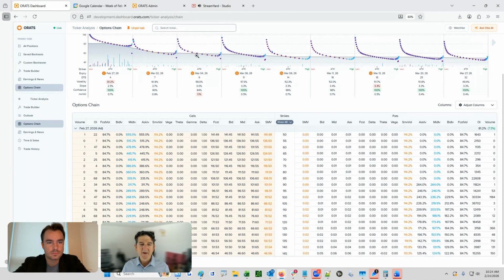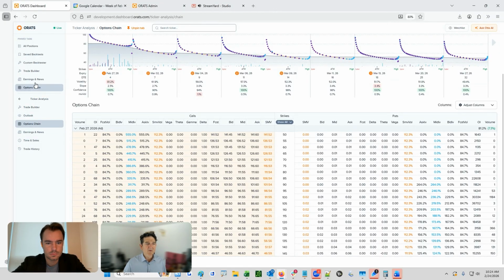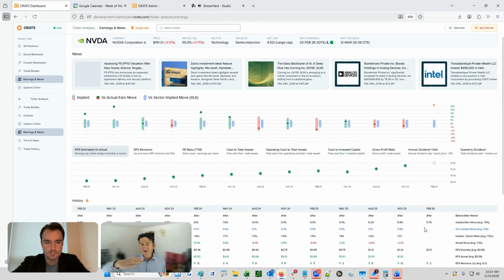So if I were going to sell something, it would probably be a farther out date, that are relatively high. And the reason I say that is because the way that we get what the implied move is going to be is by looking at the straddle, but also you can kind of look at what the relationship is between the straddle and the next month out straddle.